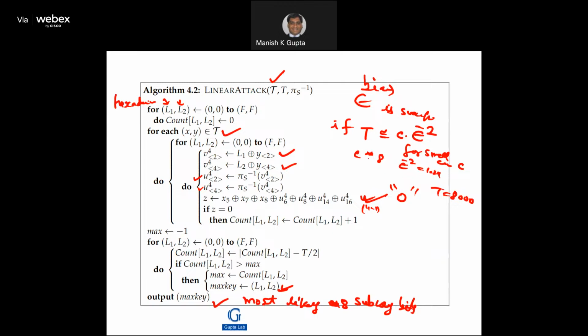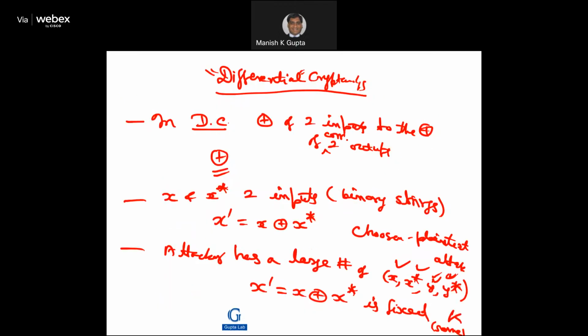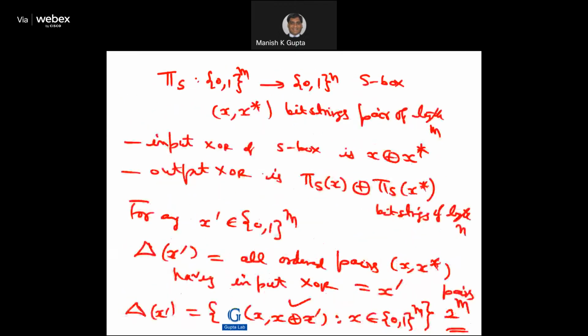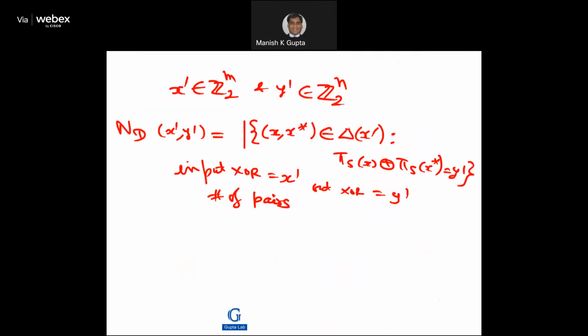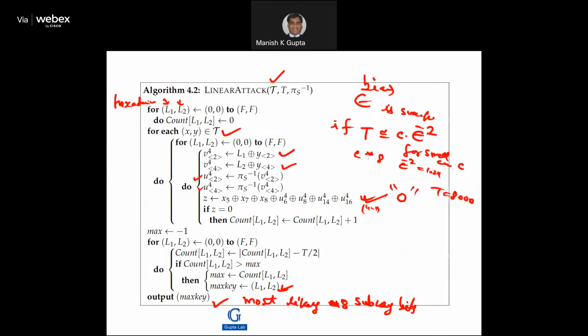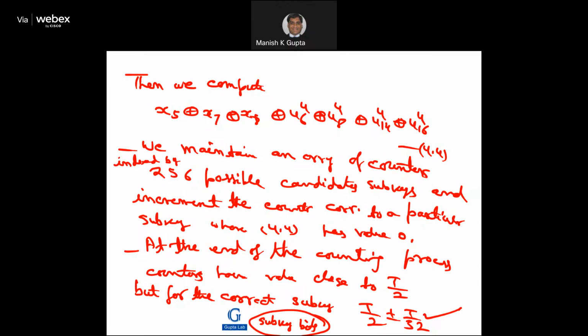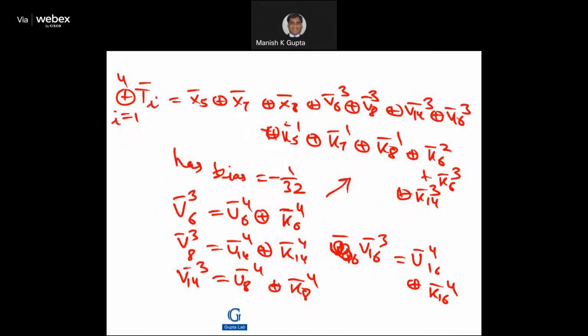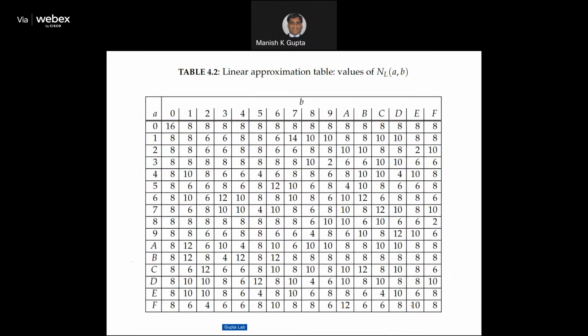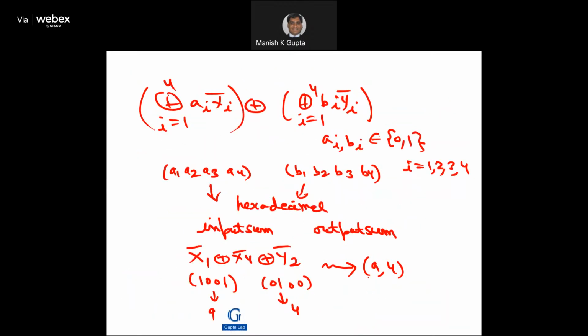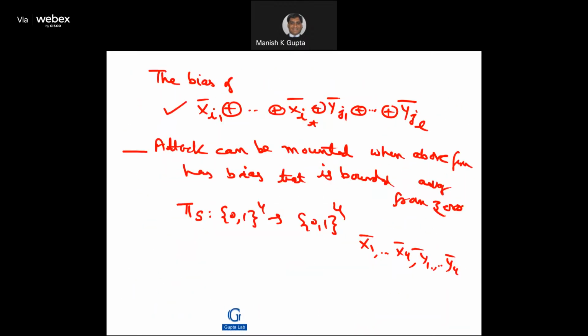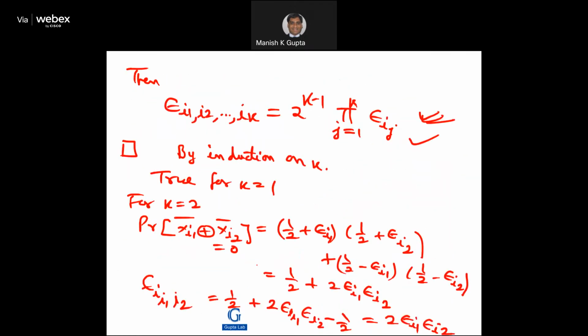Anyway, this is all about linear approximation. Differential cryptanalysis we will not do right now, as I mentioned, by Shamir. So you got the whole thing.